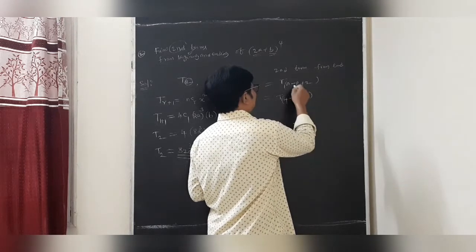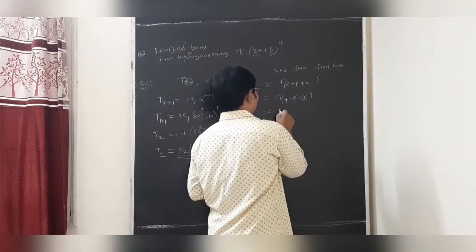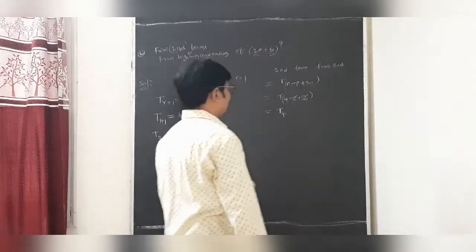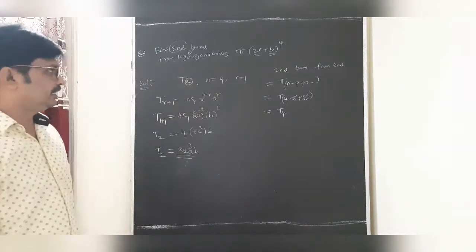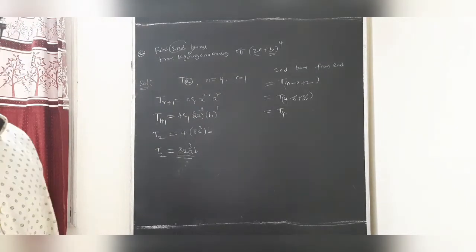Is it clear, students? n is 4, and the second term is p, so these cancel. Now we find T4. The second term from the end is T(n-p+2).